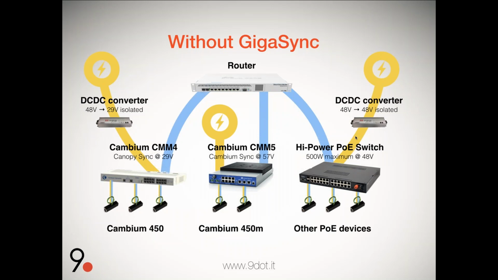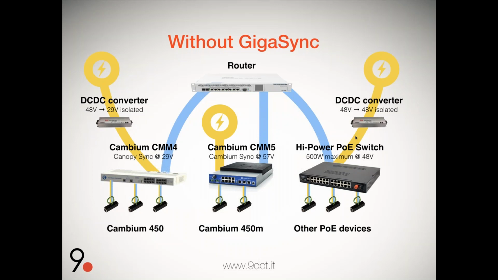So for example, 500 watts for 12 ports means very little power on a single port, or you have to use this big PoE switch just to power only a few devices, maybe at 48 volts, but again, what is the polarity of the grounding, minus or plus? And if you combine these with another kind of device, you can make some terrible errors on grounding.